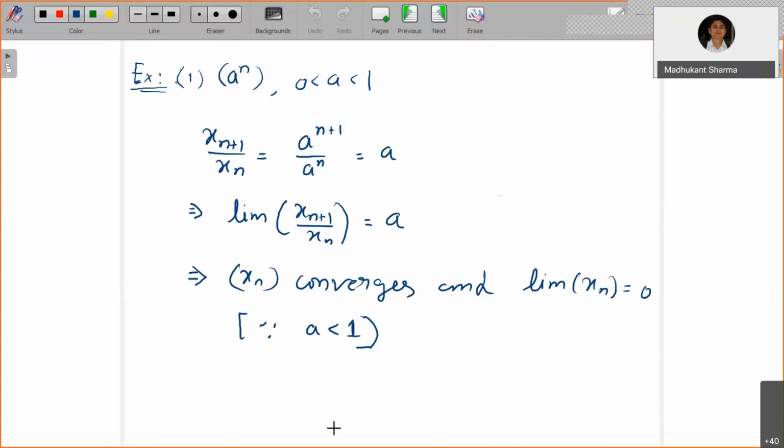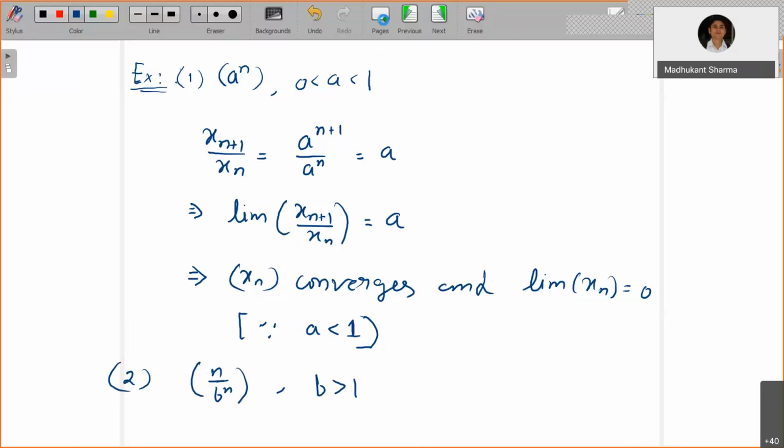Now let's take the second example. Another example is n by b to the power n, where it is given that b is greater than 1. We are going to take the help of the previous result.